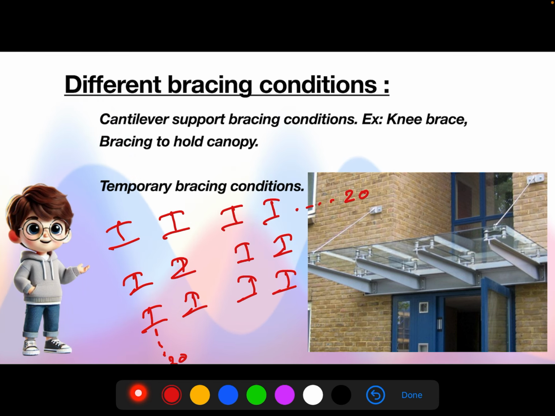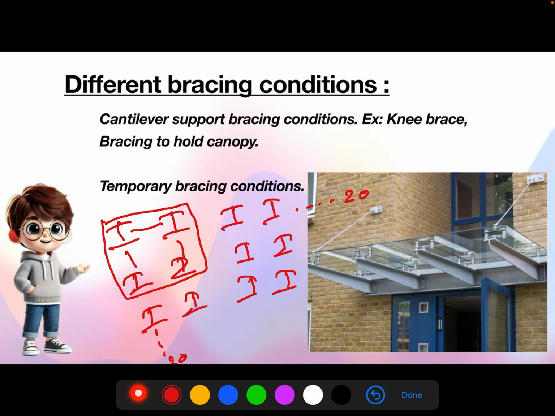So while erecting this first bay, you will erect the columns, you will erect the beams, and as I said previously, the swaying phenomenon will come.